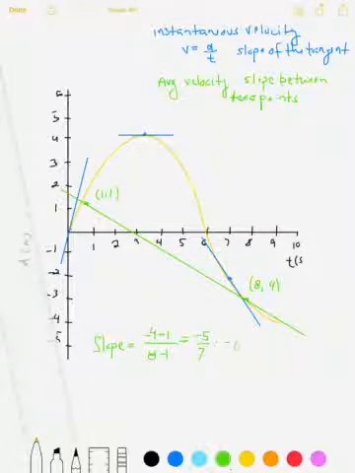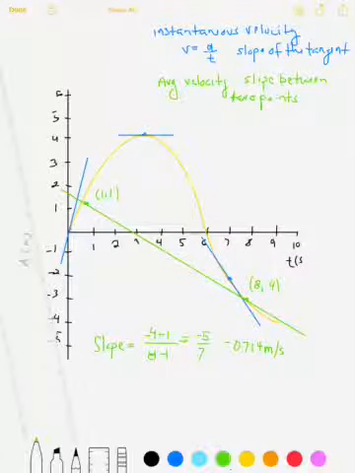And we put that into our calculator and we get -0.714. So we get a small negative slope for this average velocity. So this average velocity would be in meters per second.